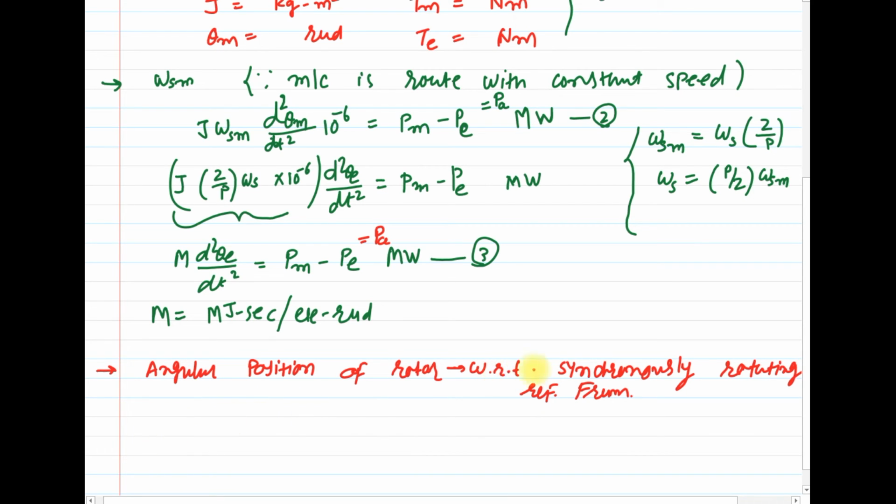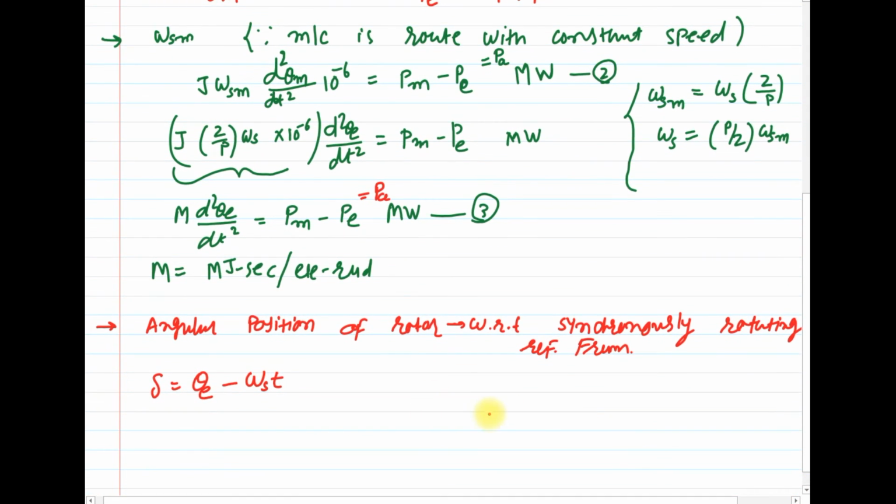So with respect to this synchronously rotating reference frame, I can write delta is equal to theta e minus omega s into t. Clear? So I will explain over here, delta is the rotor angular displacement from the synchronously rotating reference frame.